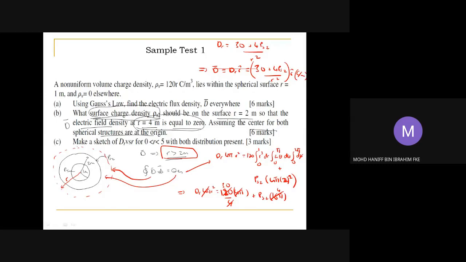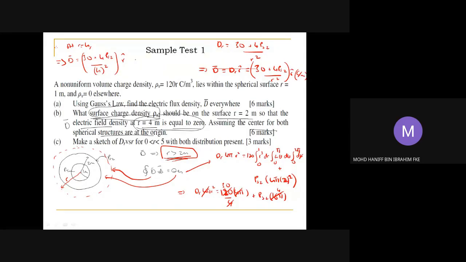The vector D that we obtain here is valid for a value of r bigger than 2. Due to that, we can say that at r equals 4, vector D will be equal to 30 plus 4 rho s2 divided by 4 squared, direction of r, and it's given that at r equals 4 meter, your flux density D will be equal to 0.